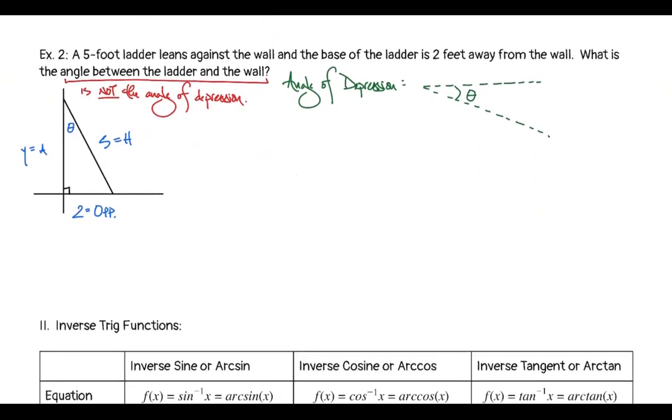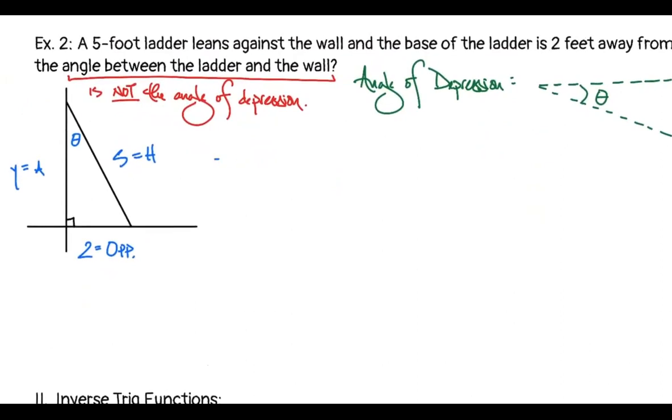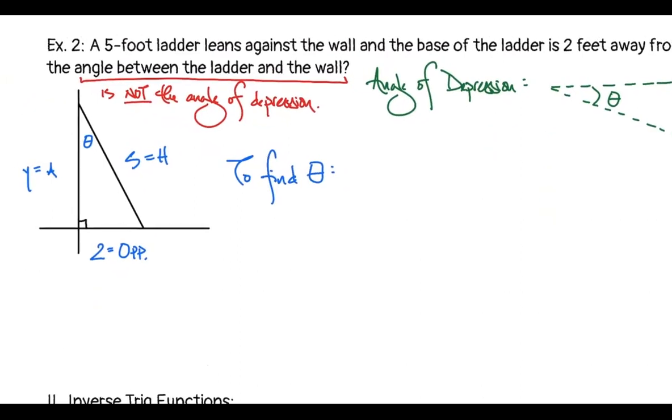All right. But as it pertains to this particular problem, let's backtrack a little bit and think about what trig function we should use to find theta. We've got theta, we've got a 5, we've got a 2. What trig function is begging us to use here? Inverse sine.